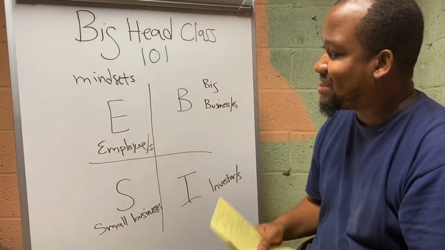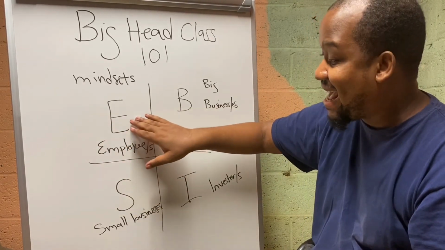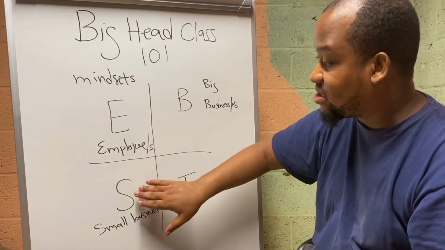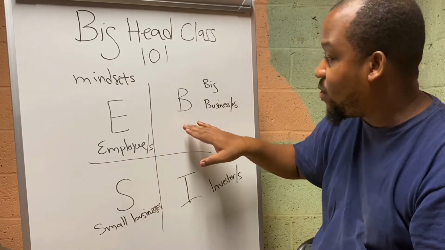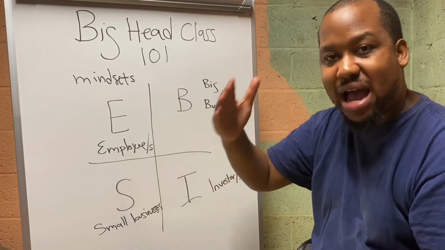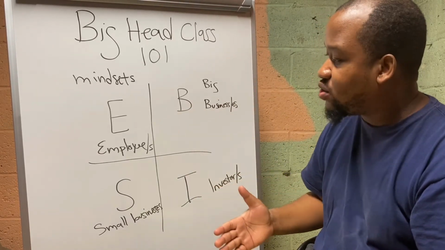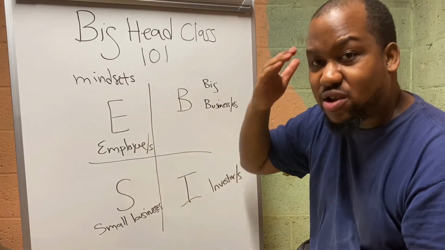You have to understand that people in the E have different mindsets from the S. People from the S have different mindsets from the B. People from the B have different mindsets from the I. So it's all about your thinking process. Today, I want you to ask about your mindset, about how you think.